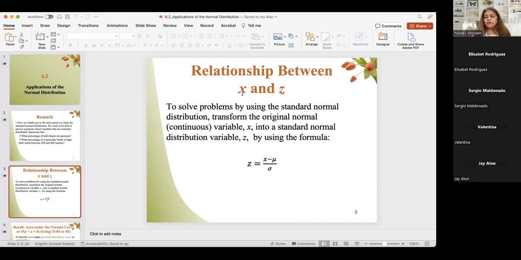Then we change variable x to variable z by the z-score formula, z equals x minus mu over sigma. Every x has its own mu and its own sigma, which will be given to you in the problem. When you use this formula, you change x to z, and z always has a mu of 0, sigma of 1, always.